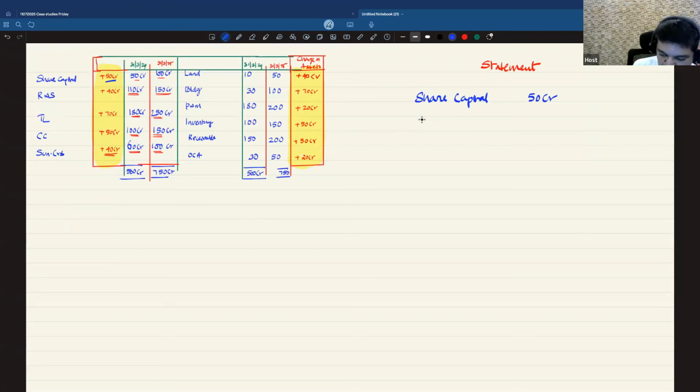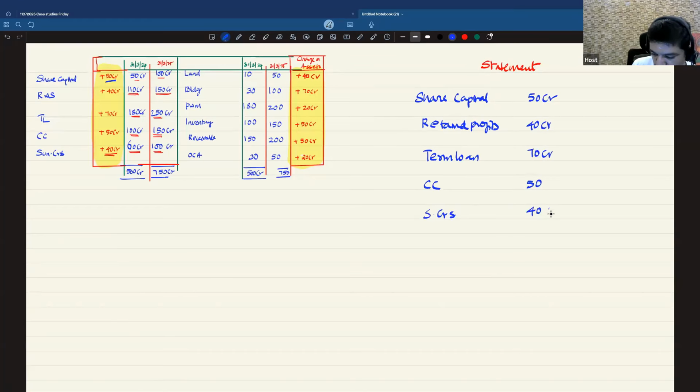How much money has come in because of retained profits? It is 40 crore. Okay. How much money has come because of term loan? It is 70 crore. How much money has come in because of cash credit? 50 crore. How much because of sundry creditors?